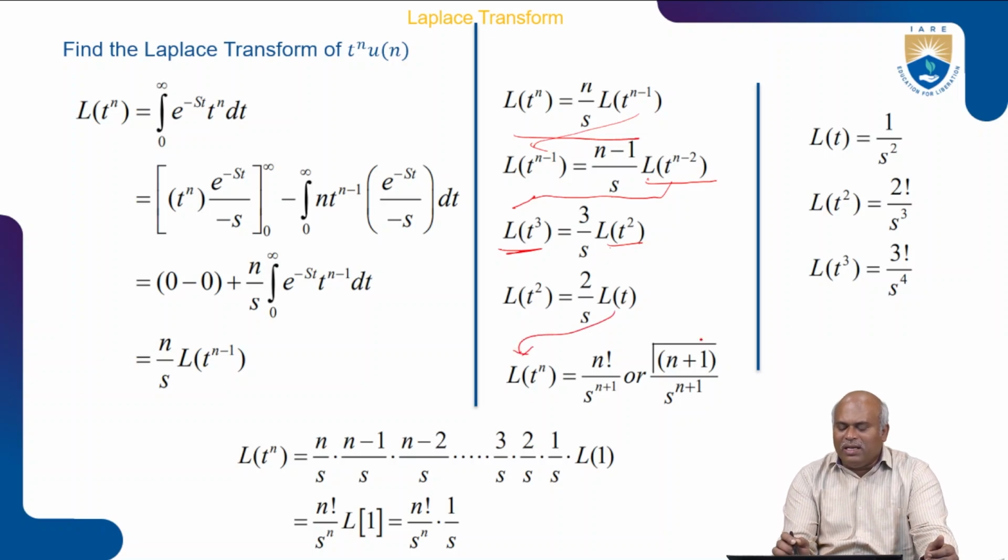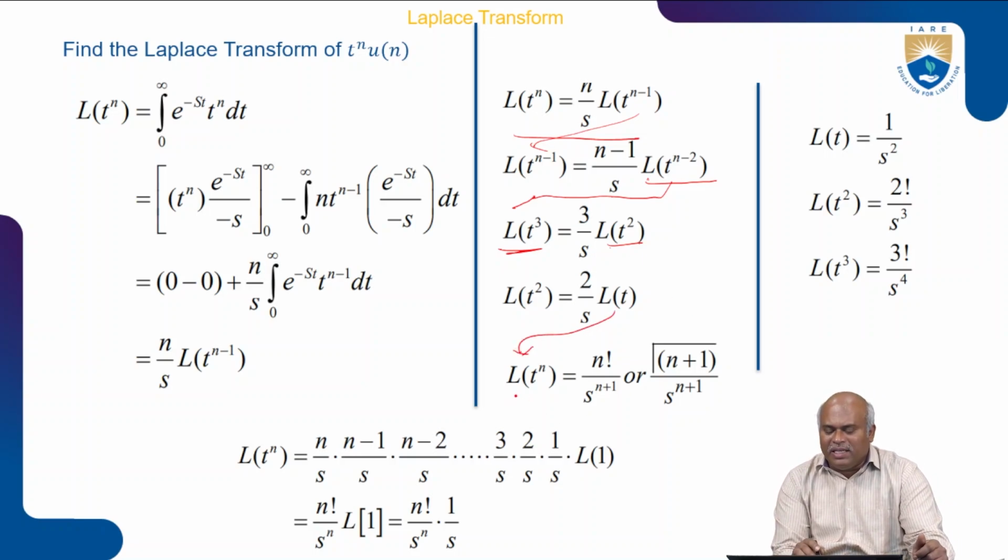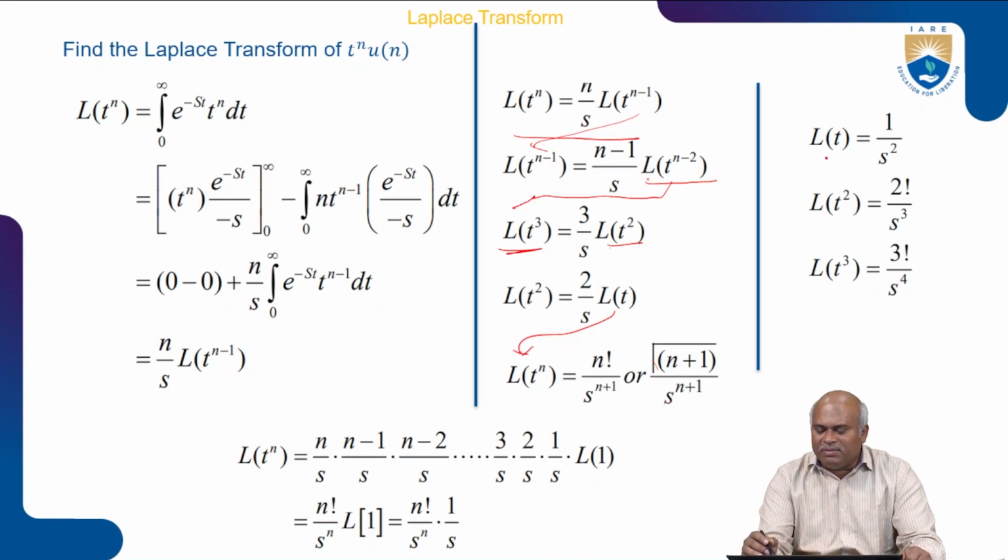Finally I conclude the Laplace transform of t power n is equal to n factorial divided by s power n plus 1. I write now the Laplace transform of t, that is 1 by s square. The Laplace transform of t square is equal to 2 factorial divided by s power 3.